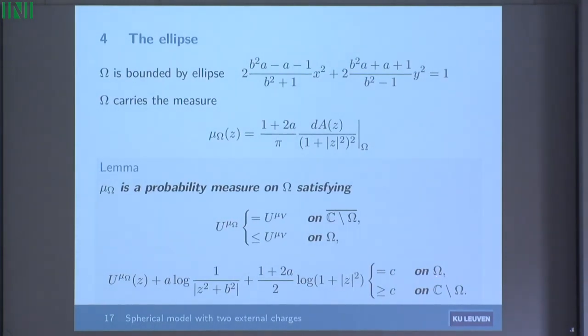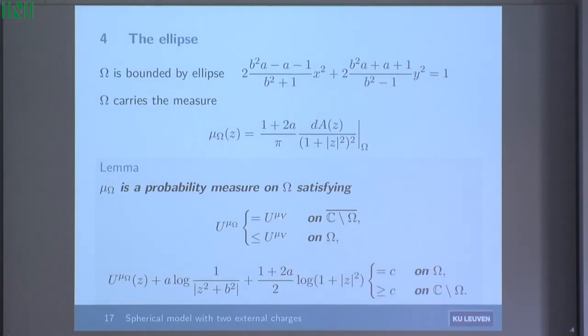In the interior, in omega itself, if we add this term with a logarithm induced by these two point masses at minus iB and plus iB with a strength A, and this term, then we get a constant on omega. And it's bigger than or equal to the same constant in the exterior of omega.